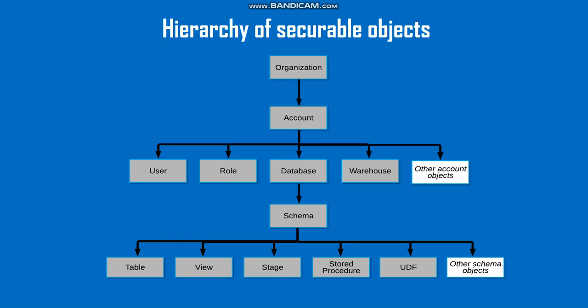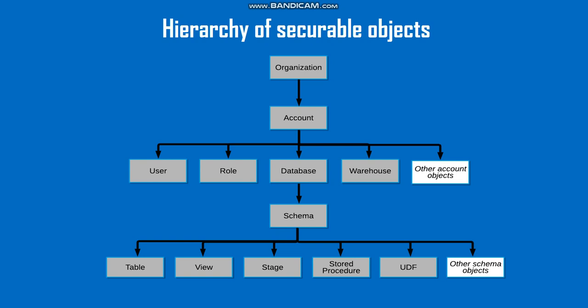Under a database, of course, we will have a schema, under which we will have objects like tables, views, stored procs, UDFs, stages, etc. So this is how the hierarchy exists.